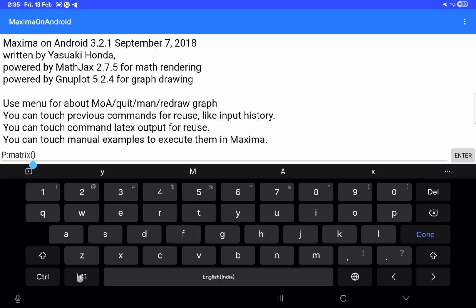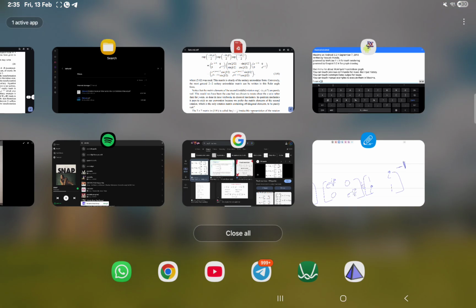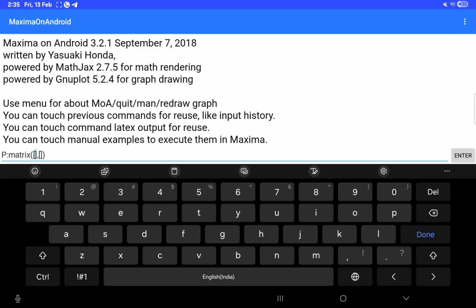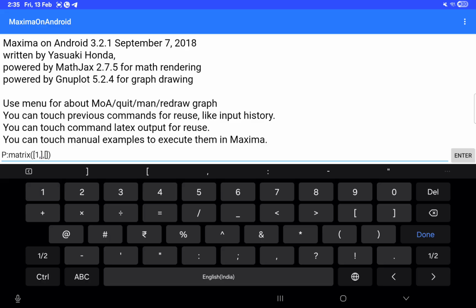Why am I not going inside? So the first entry was, what was it? 1, and the next entry in the row is i.